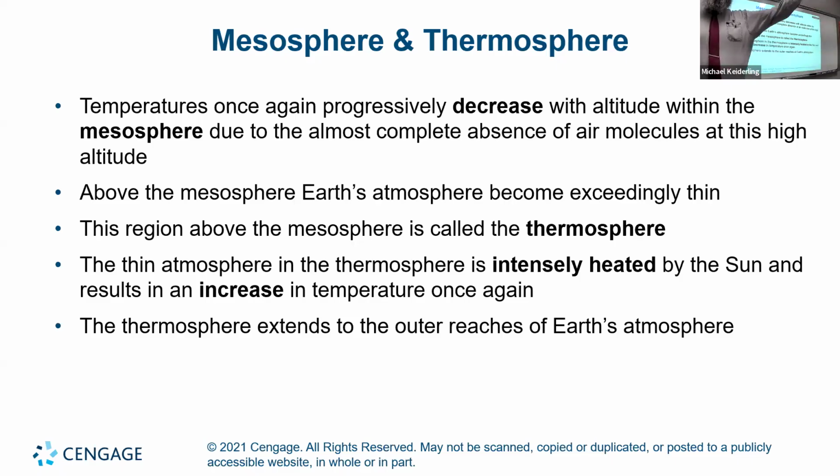The thermosphere is basically directly heated by light from the sun, and that results in an increase in temperature once again. This extends to the outer reaches of Earth's atmosphere and into outer space. The official line for outer space that most people use is 100 kilometers, and that's in the thermosphere.